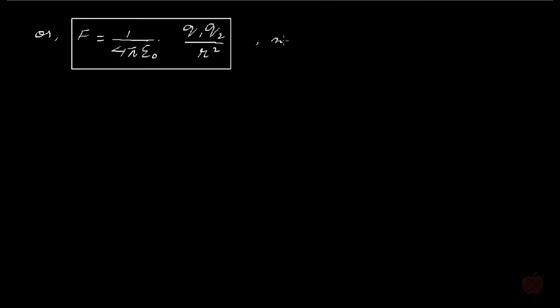Let me put this inside a box, where K is equal to 1 by 4 pi epsilon naught, and this is equal to 9 into 10 to the power 9 Newton meter square per Coulomb square.